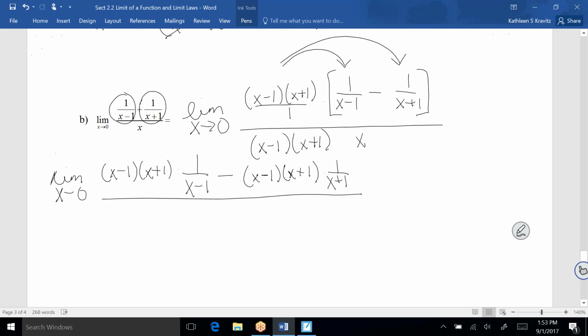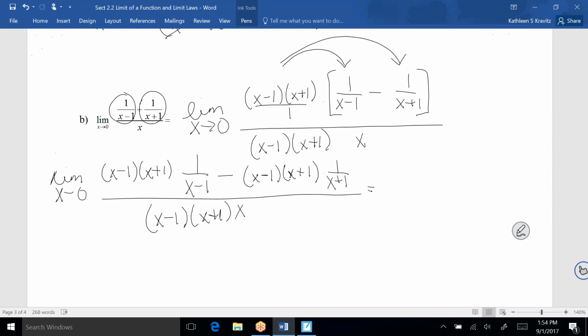And then that's divided by x minus 1 times x plus 1 times x. Okay. So I haven't done anything yet, I've just distributed that least common denominator inside to the two terms in that numerator.